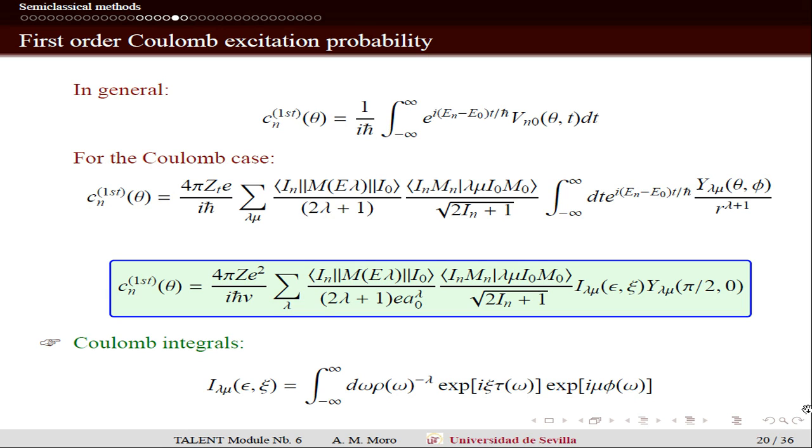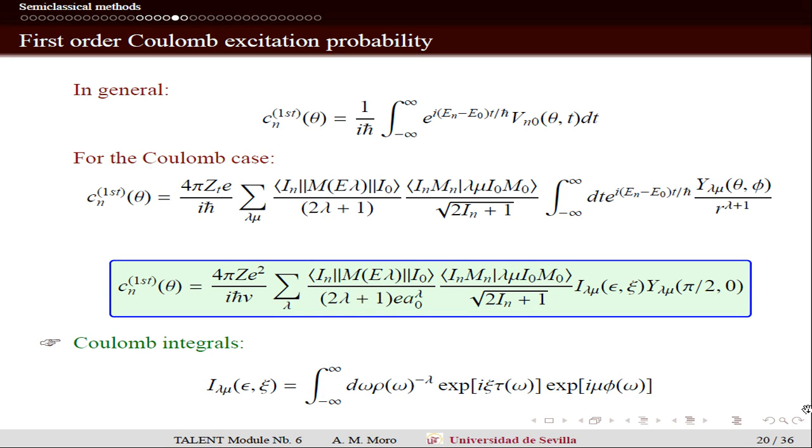Here we have introduced this parametrized form of the equation, so we have replaced the time and the distance r by the dimensionless quantities that we have introduced before. This looks like a very complicated object, but at the end these are analytical quantities that can be evaluated by some code or whatever, or we can find some analytical limits. So we don't have to worry much about this part because it will be evaluated in some way.